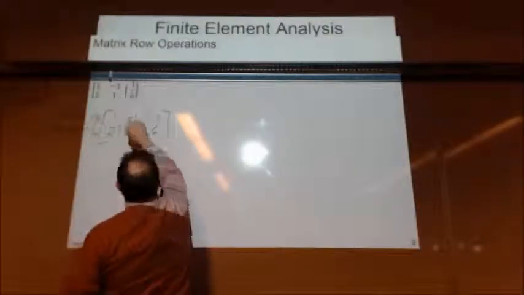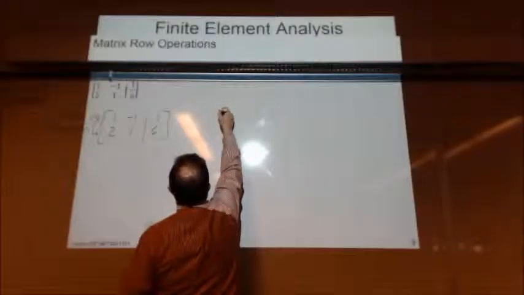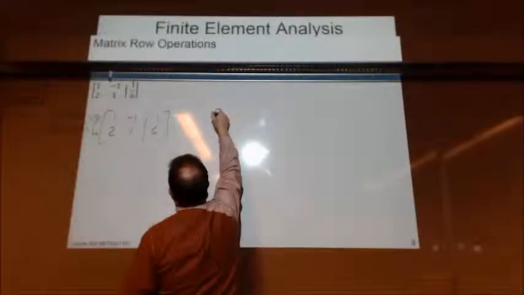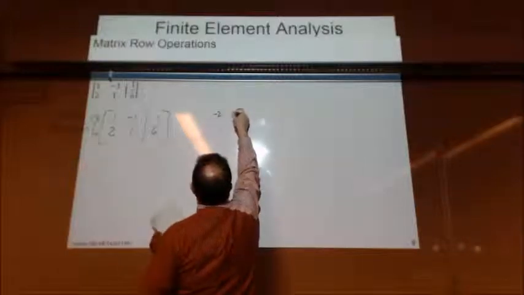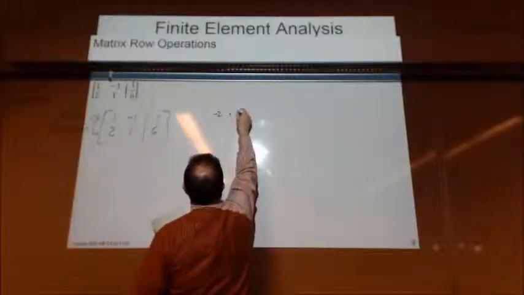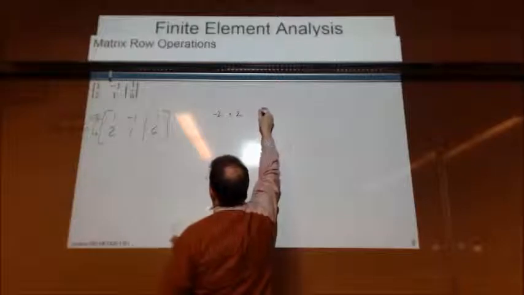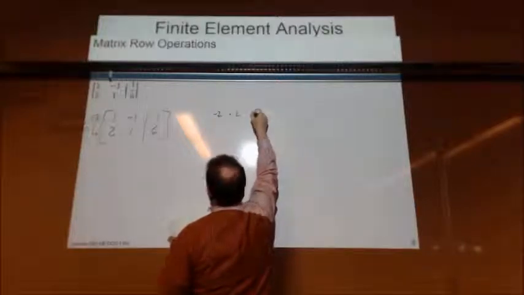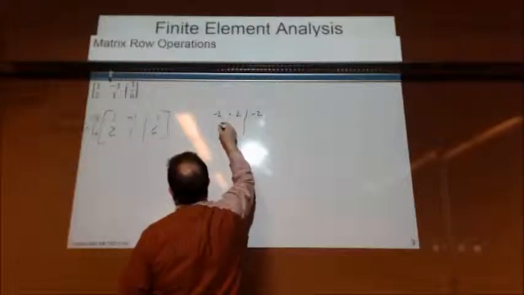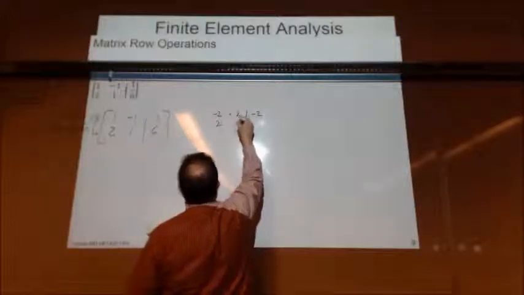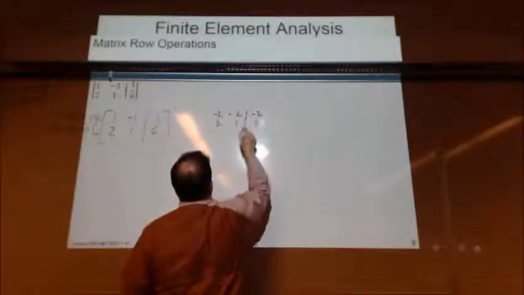Minus 2 times 1 is minus 2. Minus 2 times a minus 1 is plus 2. And minus 2 times 1 is minus 2 again. And then we have 2, 1, and 6.